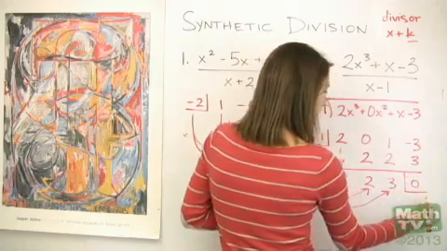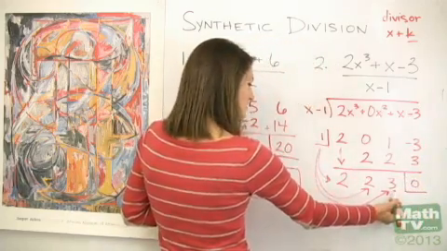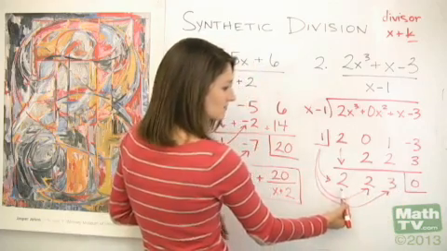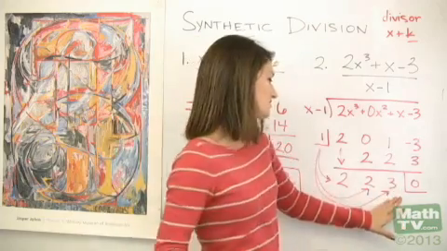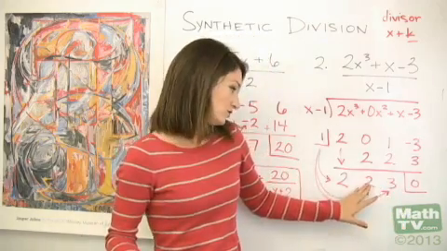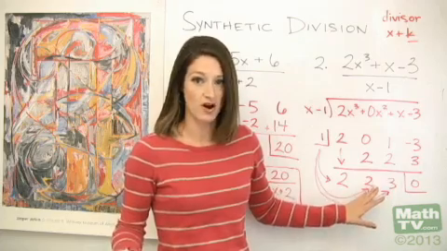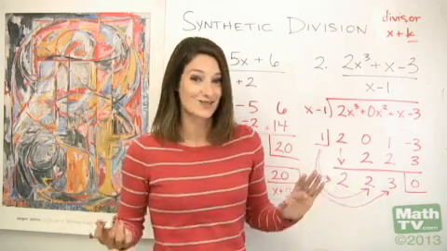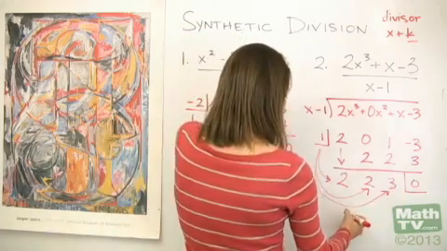So we have a remainder of 0, and then these are the coefficients for the terms in our answer. So the 3 is our constant term. The first 2 here is for our x term, and then this second 2 goes with our x squared term. So our answer looks like this.